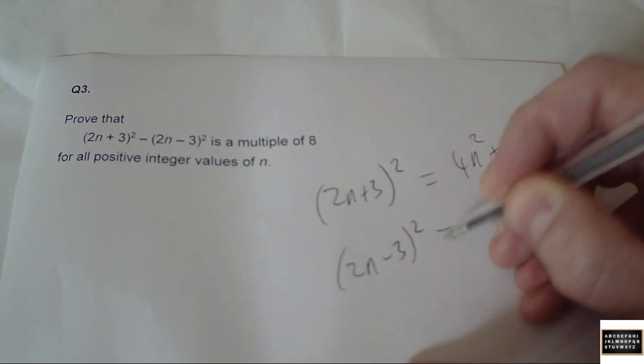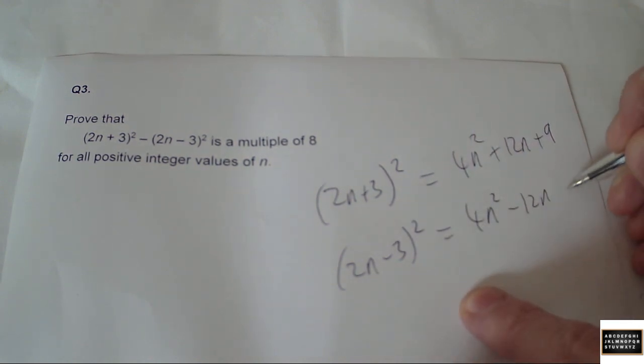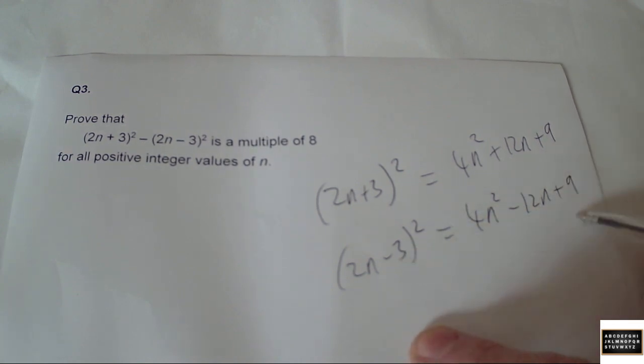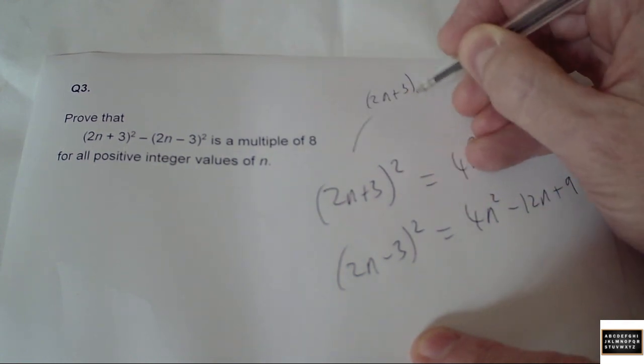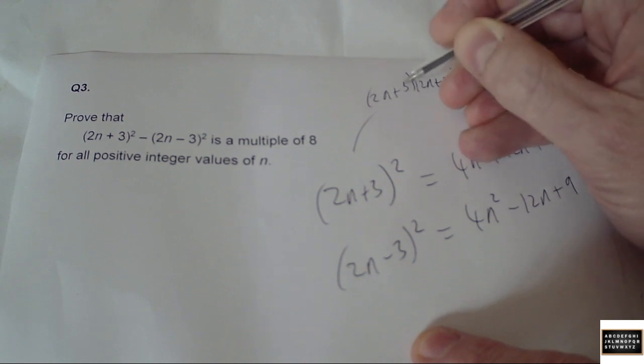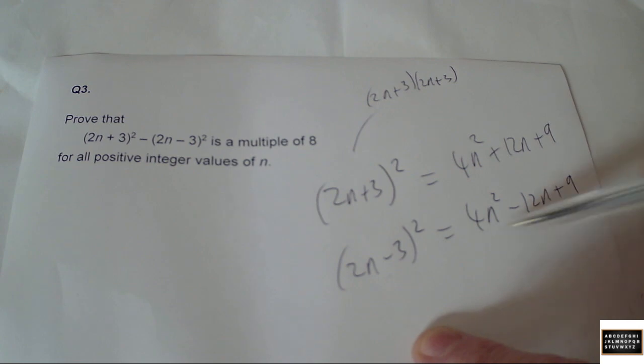You have to be good at multiplying out brackets, so start to be a bit more adept at working out things. Be careful with the plus 9 here at the end. Minus 3 squared is plus 9, so minus 3 times minus 3 is plus 9. Just in case you don't know how I'm doing this, I'm thinking in my mind about this. And similarly 2n minus 3, 2n minus 3, so that's how I'm doing these two things.